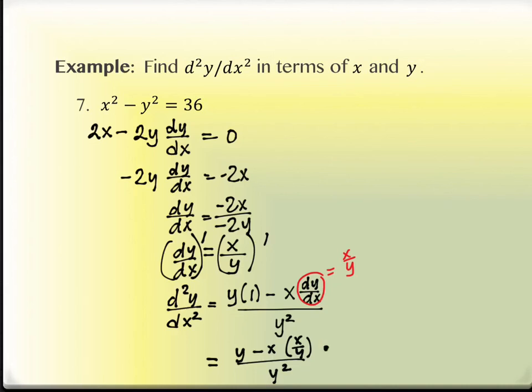So if I multiply by y on each term, then I will end up having, sorry, not xy, y squared on the first piece minus x squared. And then my denominator is the y cubed.